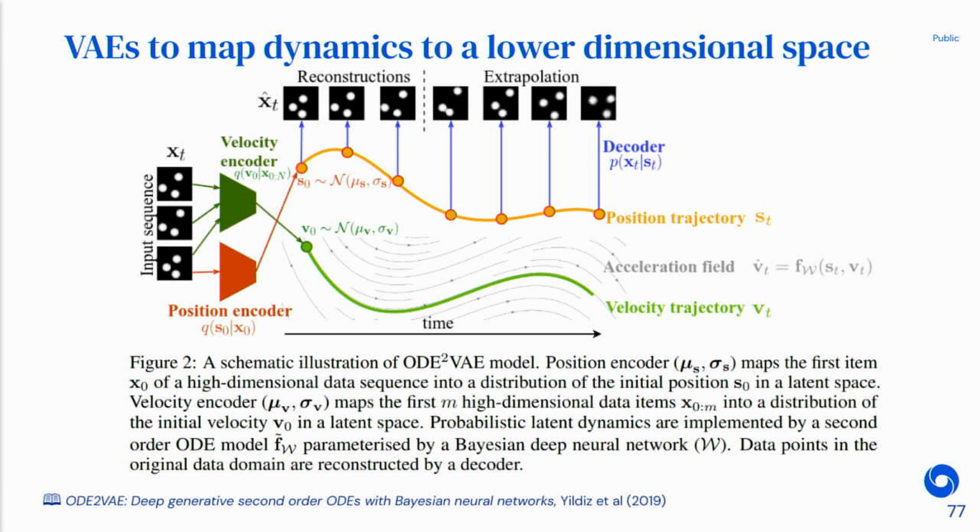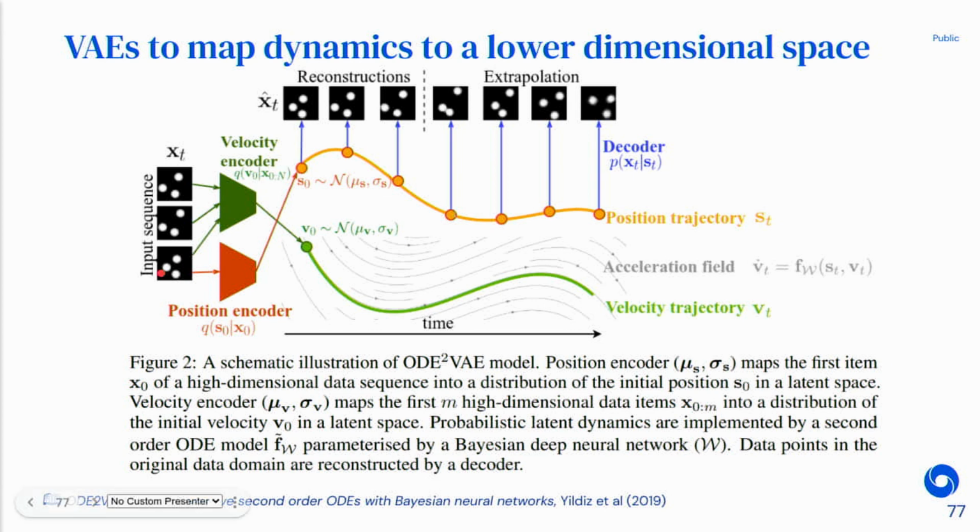Another cool application is in dynamics modeling. One example is where you have these little points, the 3 points, and they're moving dynamically in some space. And you want to have a model that predicts the dynamics of these things.